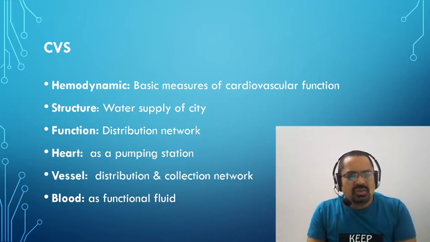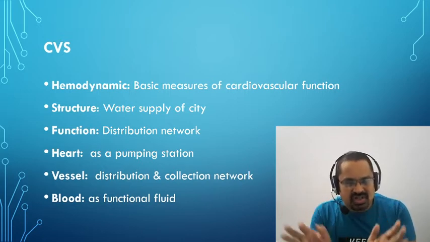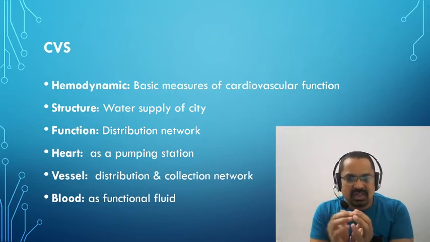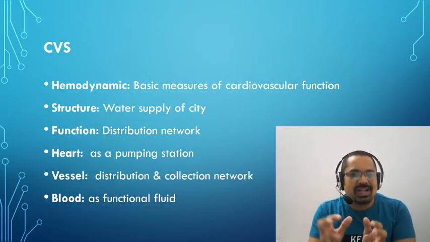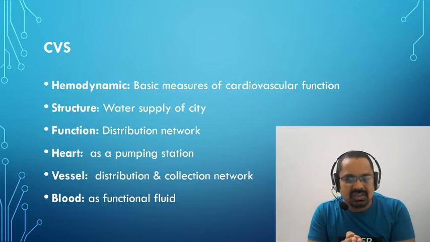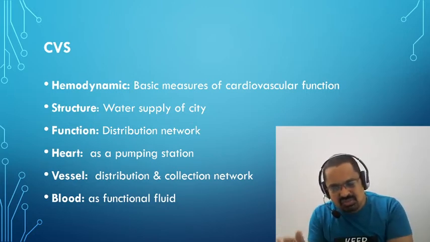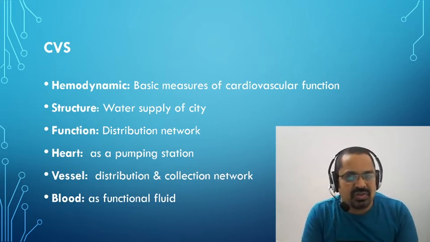So this is the normal structure of the cardiovascular system. It is composed of one central part, a pump called the heart, which has two parts. One is for the pulmonary circulation, a small part, and another larger part is for the systemic circulation.